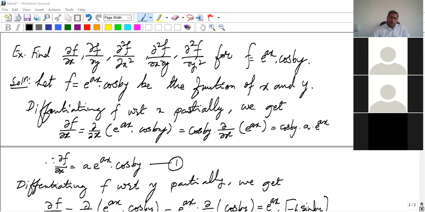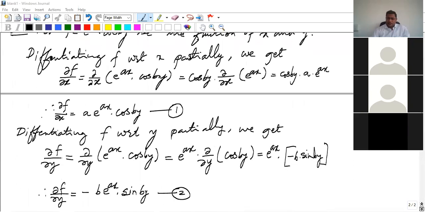Now we have equation 1. Again, we have to differentiate equation 1 with respect to x partially.